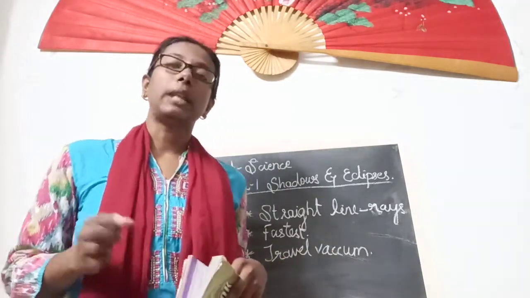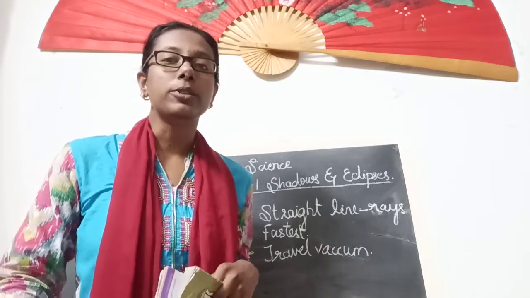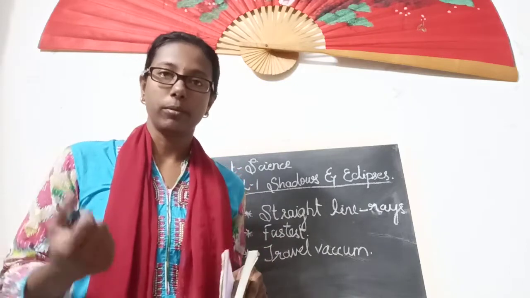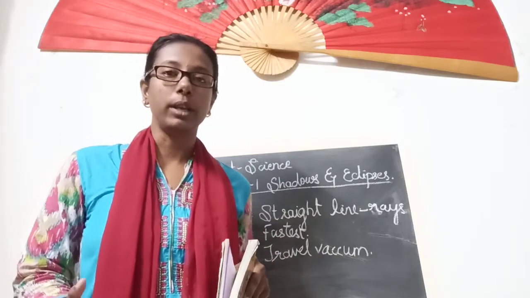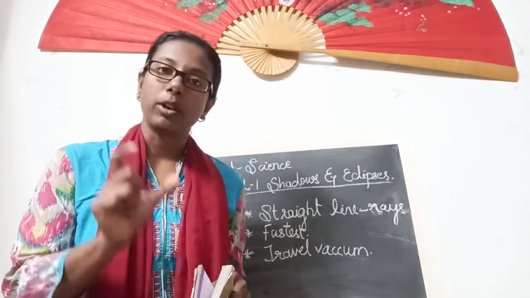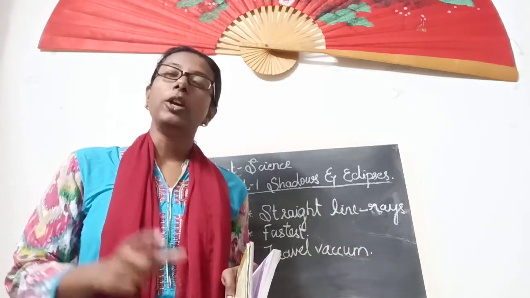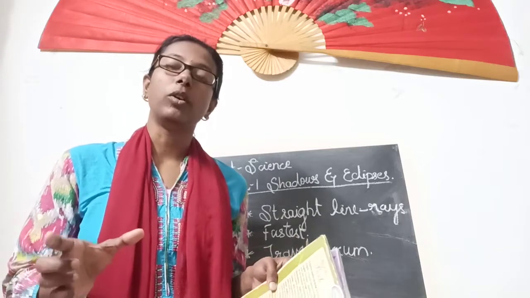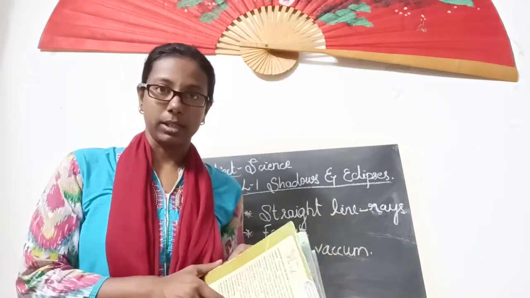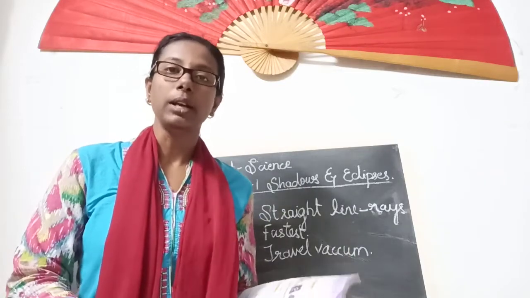So when light falls on a non-luminous object like a book or a stone, whatever non-luminous bodies, we are able to see the object clearly. Through what? Because of reflection of the light, because of bouncing of the light.